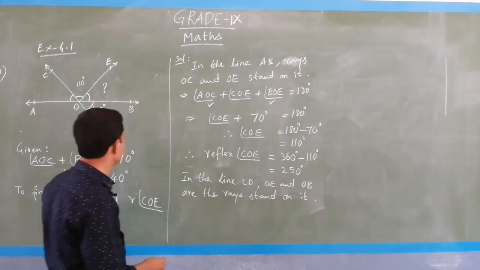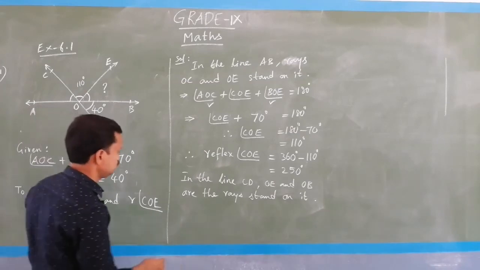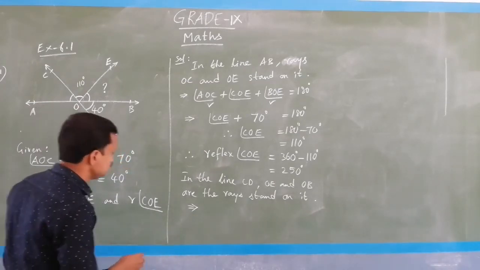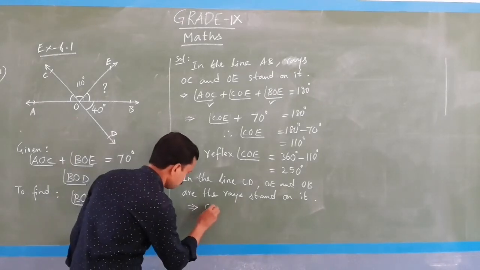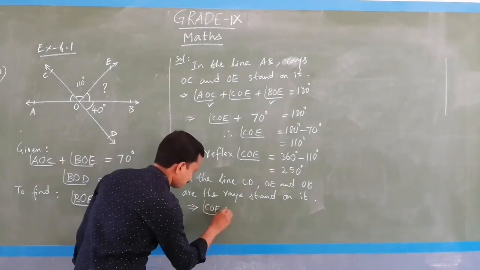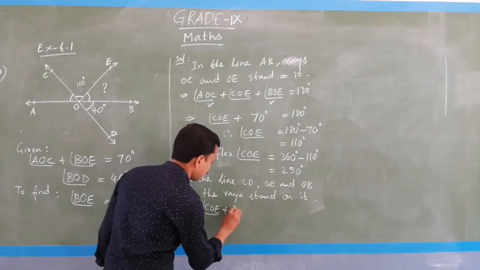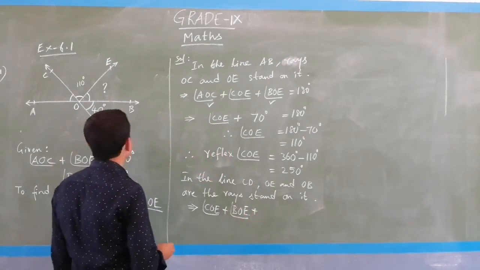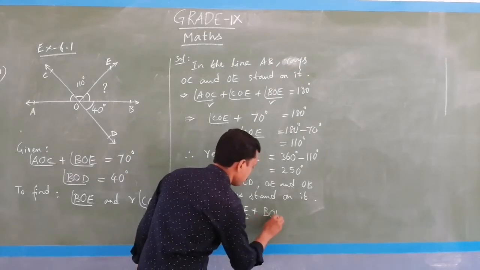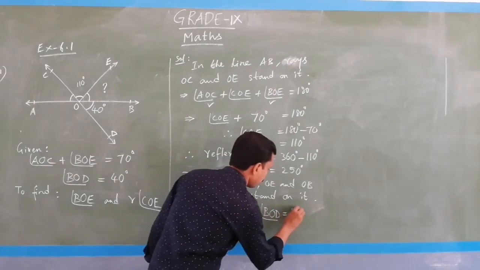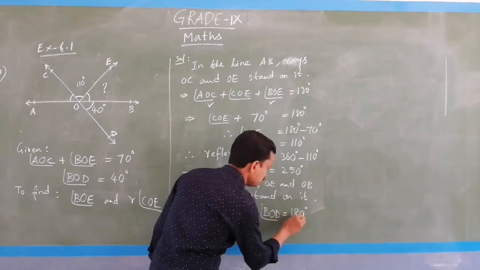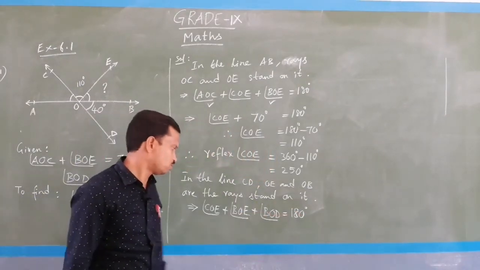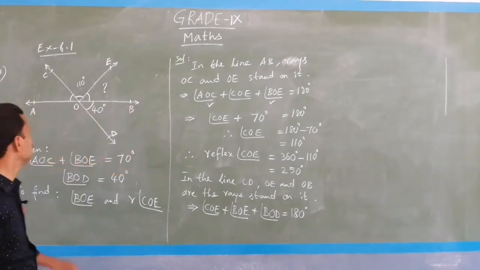Therefore, we can have 3 angles, and we can add them to 180: COE, that is 110, plus BOE plus BOD is 180 degrees, which is a straight angle.